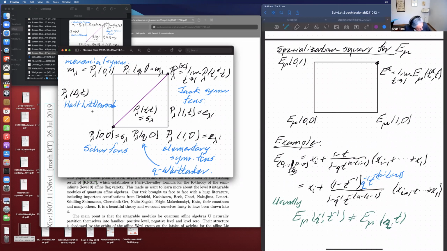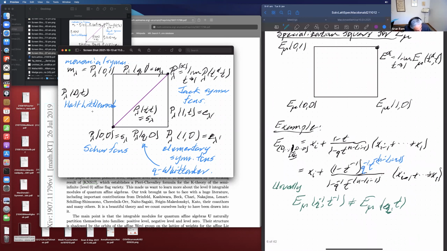And the other thing that you notice right away is that if I take this E, which has a 1 in the I spot and zeros everywhere else, and I specialize Q equal to T, then I get Xi plus 1 minus T over 1 minus T to the N minus I minus 2 times Xi minus 1 plus down to X1.